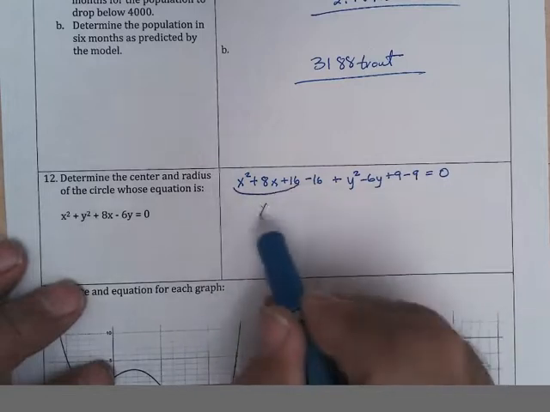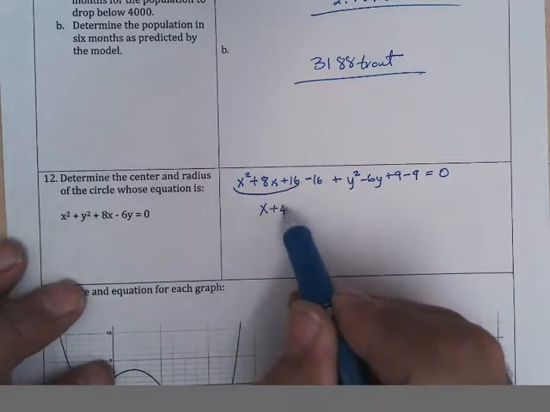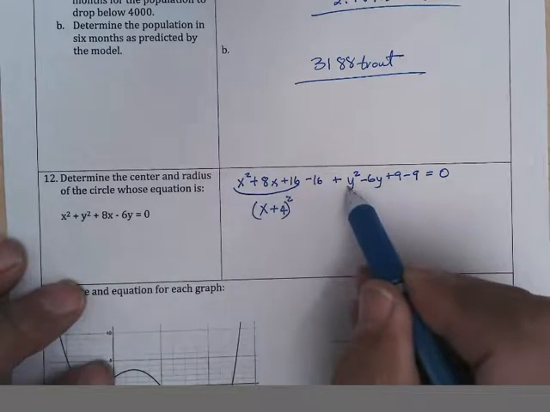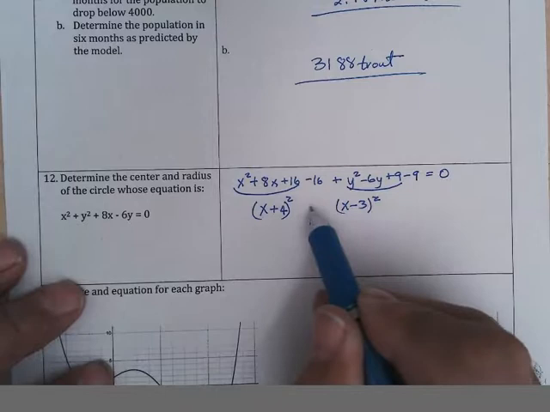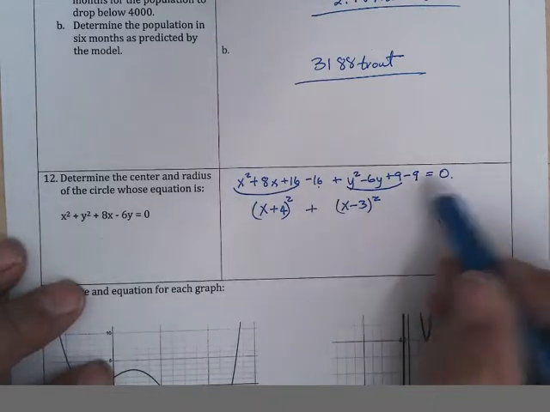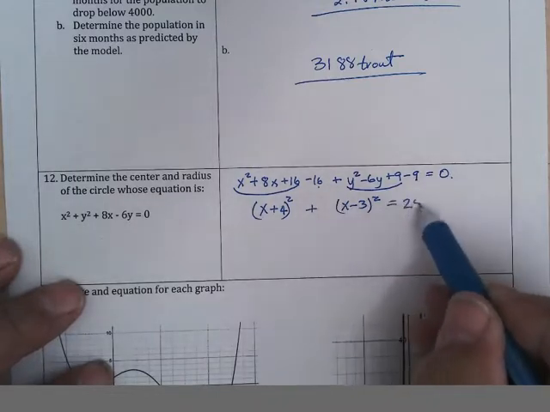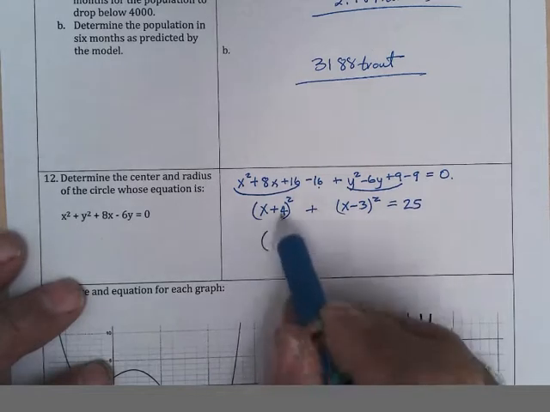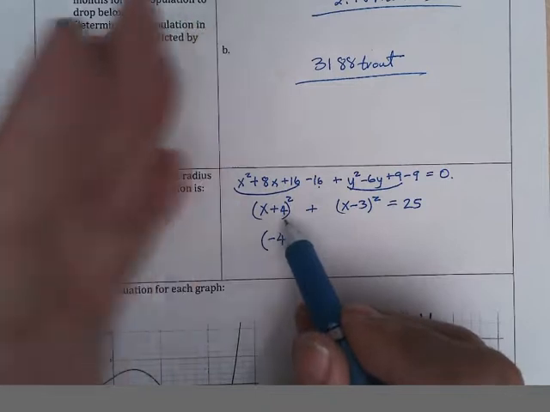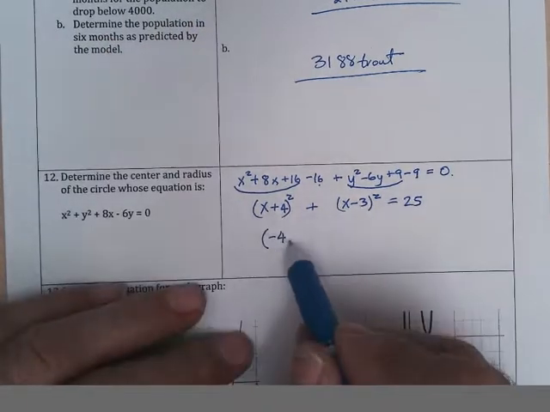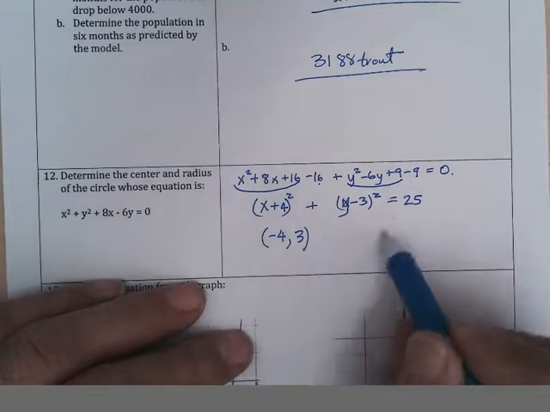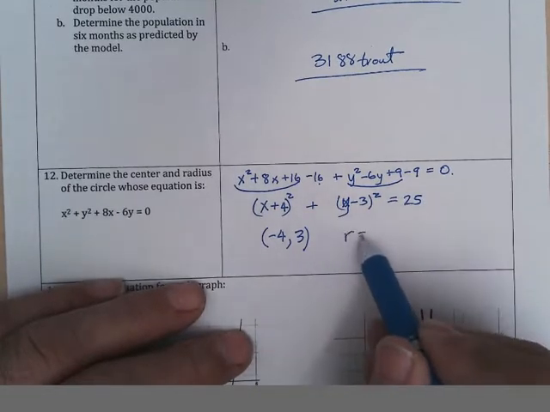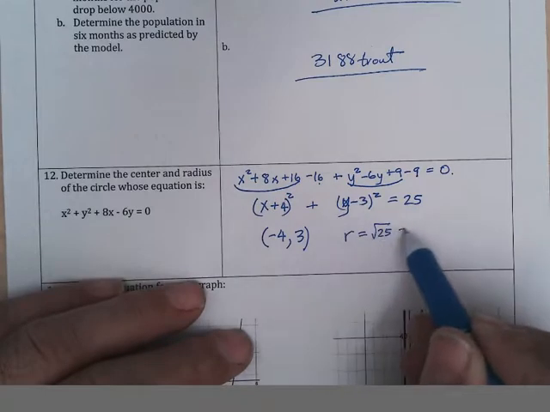This part is x plus 4 squared, this part is y minus 3 squared. Add 16 and 9 to both sides, I get 25. So the center is at minus 4, because the plus 4 moves it to minus 4, and the minus 3 moves it to plus 3 in y. This is the radius squared, so r equals the square root of 25, or 5.